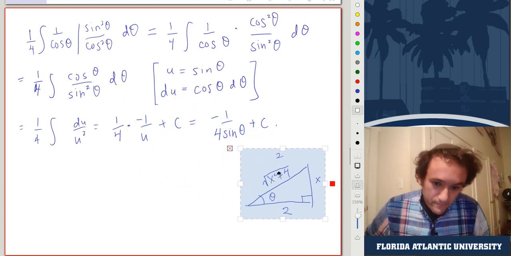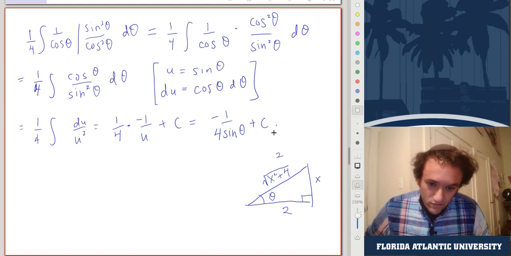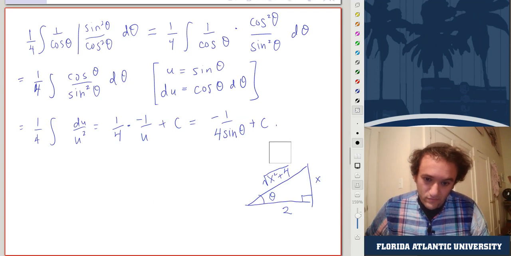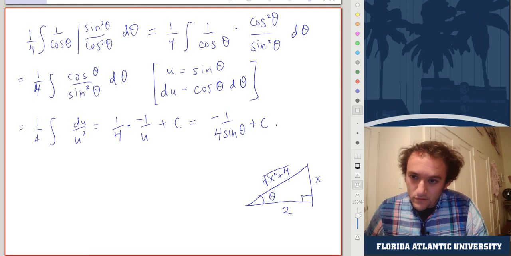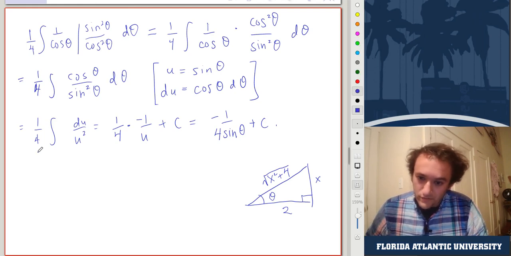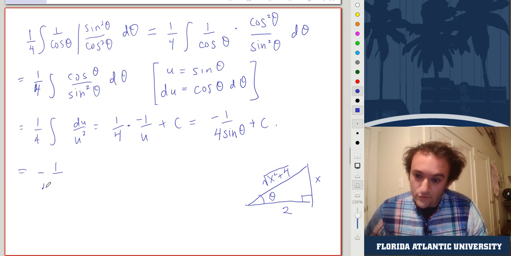Looking at this right triangle, if we want to know what sine theta is, we just divide opposite by hypotenuse, and we get minus 1 over 4 times the opposite, which is x, divided by the hypotenuse, which is the square root of x squared plus 4.